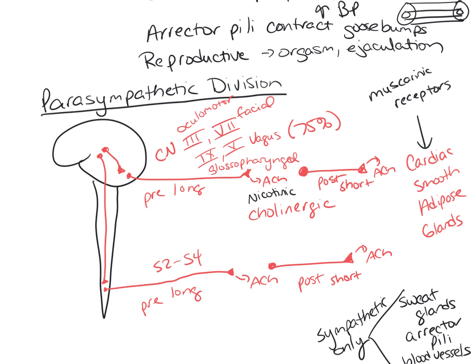And the nicotinic receptors are basically found on the cell bodies of the postganglionic neurons. So when acetylcholine binds to that receptor, it stimulates the postganglionic neuron and then that causes action potentials to travel down the postganglionic neuron.